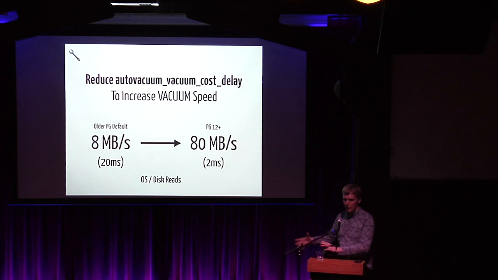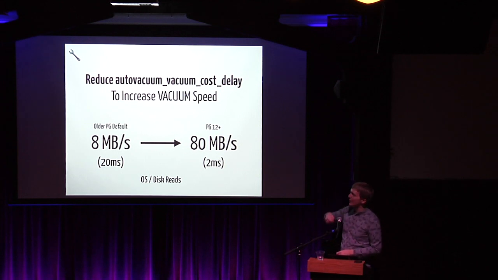It was done by reducing the cost delay, essentially not sleeping as long, which made the reading speed 10x. That's generally a good setting. So on most older systems, you can decrease the autovacuum cost delay to increase the throughput, and that will make your autovacuum go faster, which has benefits in terms of not getting to transaction ID wraparound, and so on.